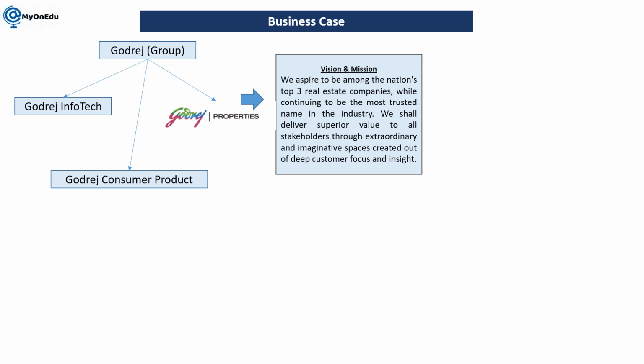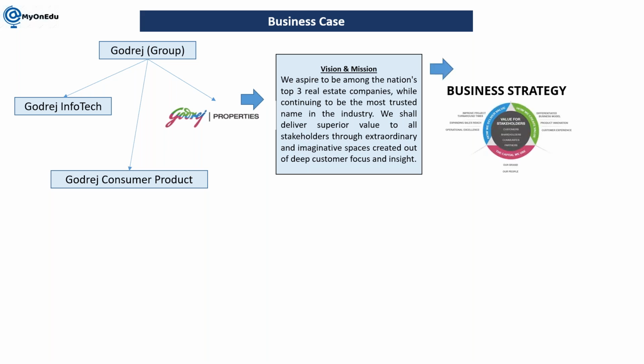To achieve this, they prepare the business strategies. How they need to focus. If they want to be in the top 3, and as per their image of being a very clean company, they have to follow some norms here. So they can decide some business strategies.